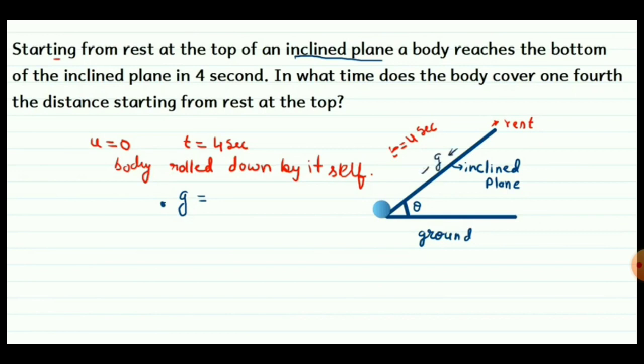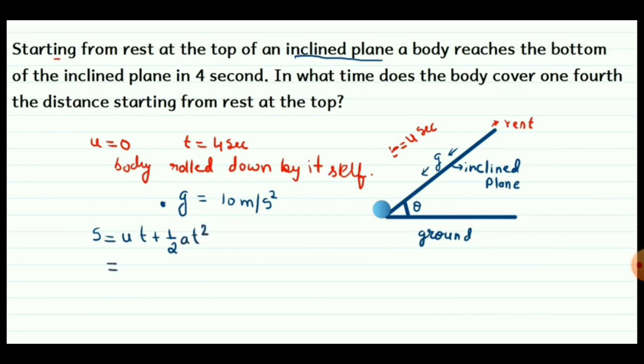Here you can see the arrow diagram. g actually works downward. The value of g is around 9.8 meter per second square, but in numericals we can write it as 10 meter per second square for easy calculation.